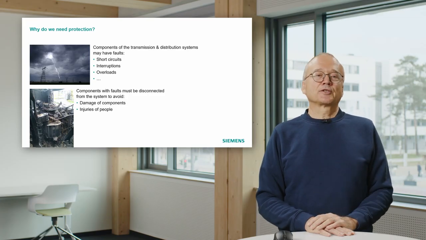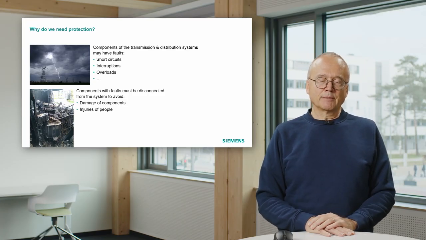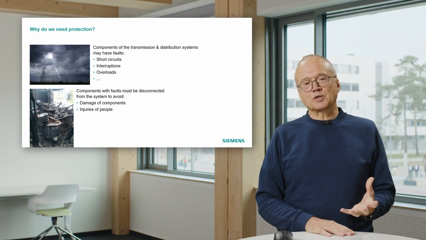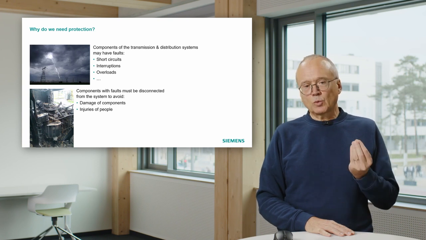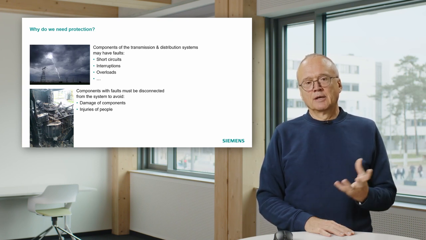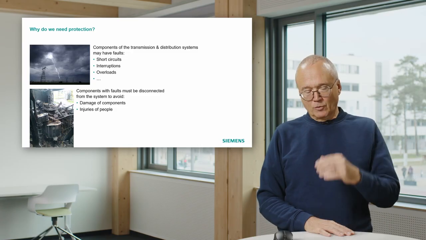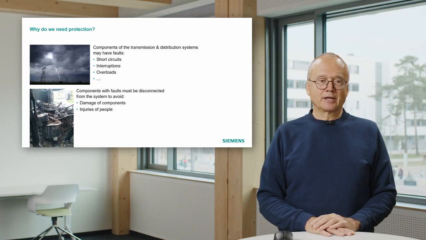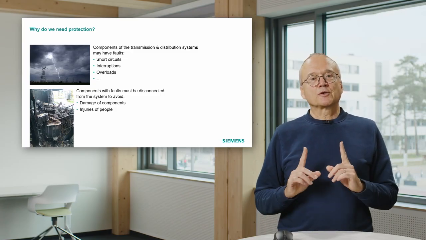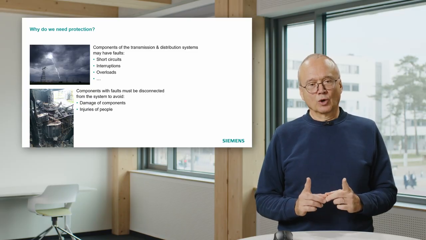And unfortunately, this transformer had a problem in the bushing. When the transformer was energized, there was a short circuit in the bushing, big current flowing, and what you see here is the result of that because the protection didn't work.